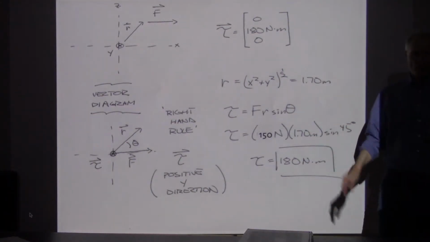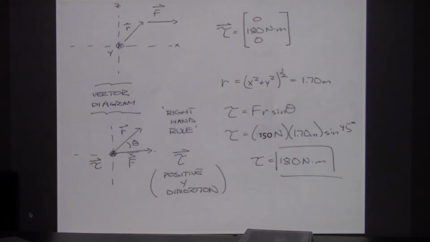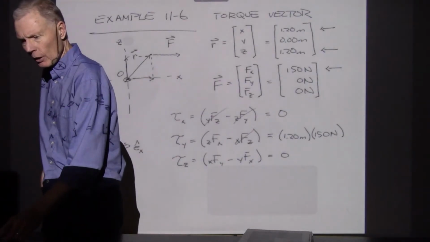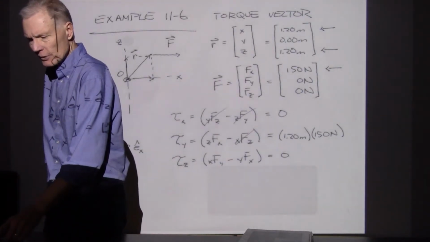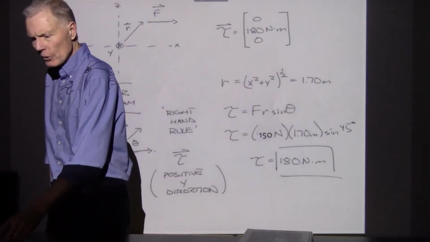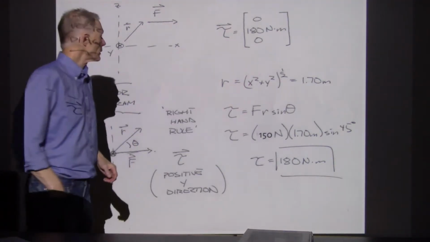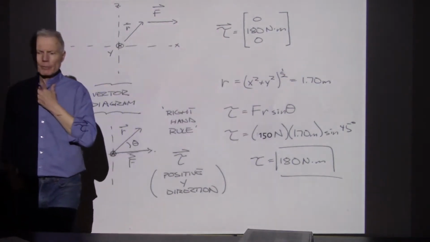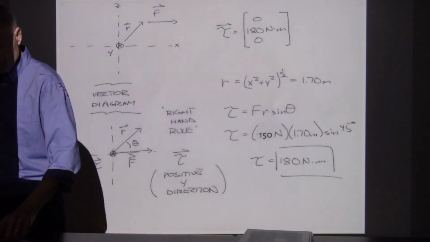In most of the examples that we run into, we can just take the force, multiply by r, and then multiply by the sine of the angle between them. I think there's a homework problem where they have you plug in all the components. I think it's a good exercise to go through, but most of the problems will be using the formula for the magnitude of the cross product here.